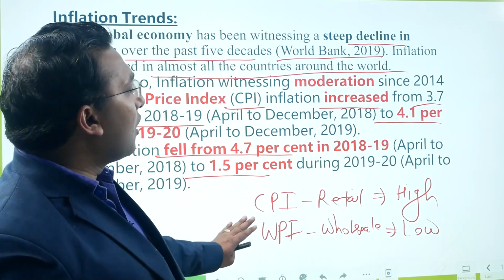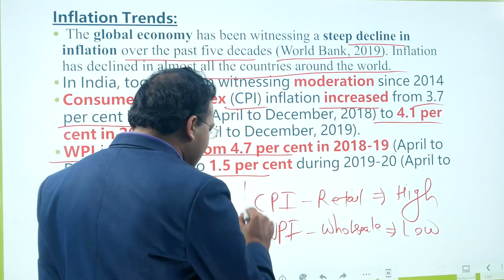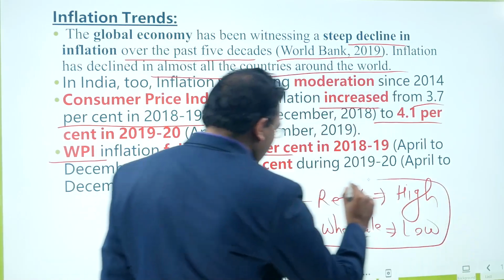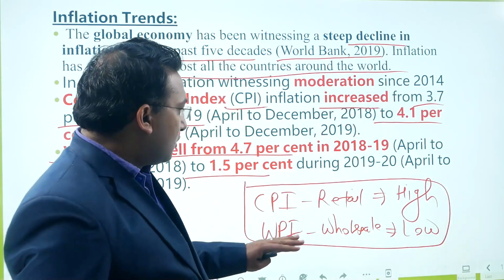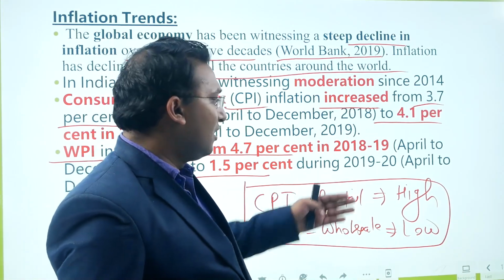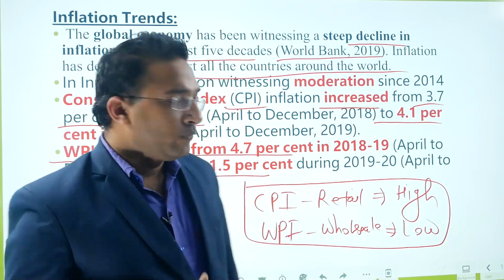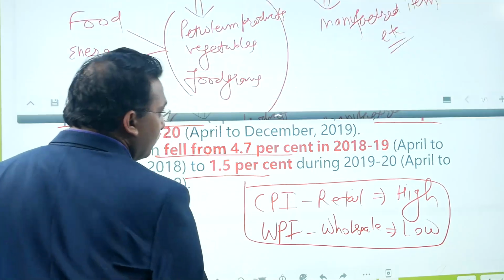One thing we can conclude from these facts is that when the goods are moving from wholesale level to the retail level, there is some addition of cost, right?